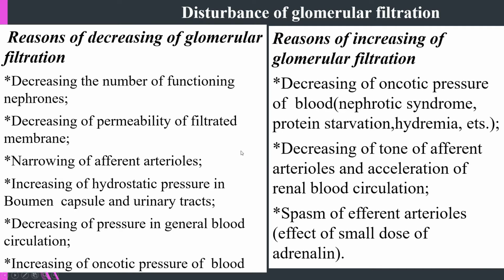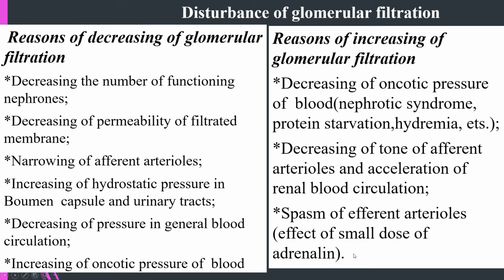Reasons for decreased glomerular filtration include, for example, a decreased number of nephrons, decreased permeability of the filtration membrane, narrowing of afferent arterioles, increased hydrostatic pressure in the Bowman capsule and urinary tracts, decreased pressure in general blood circulation, and increased oncotic pressure of blood.